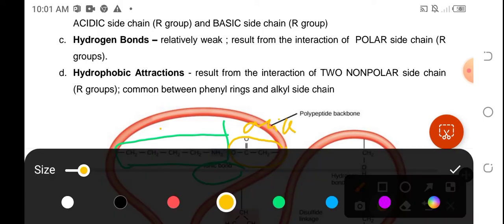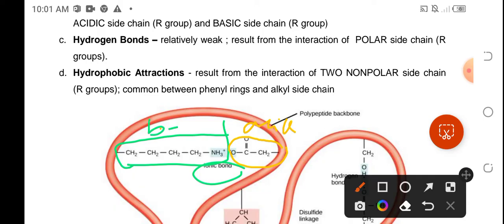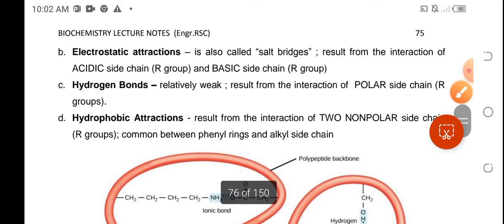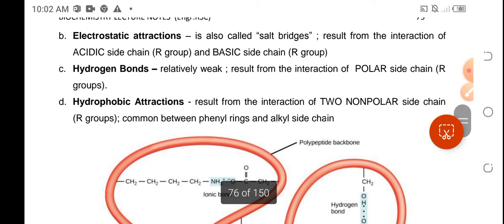So meron na naman silang pooling dyan. So may interaction sila dyan. And that is for the ionic bond or electrostatic attraction. Kaya, ayan, nagkaroon ng interaction and hence mayroon ng folding dyan sa dalawang yan.